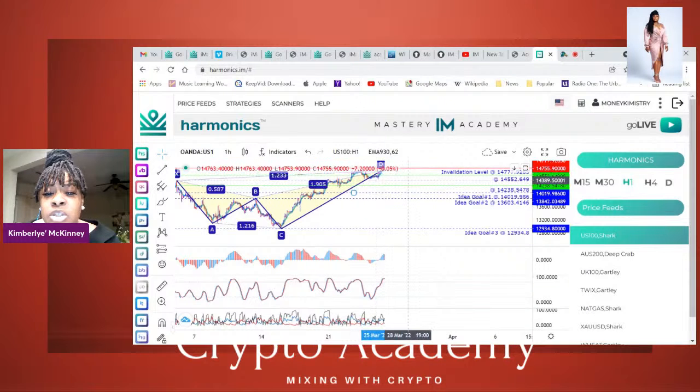Okay. So right here, if you go down to ideal goal 1, here's a section that allows you to type this information in, because there's a potential area that the market is going to turn around and go down here and hit your ideal goal 1.